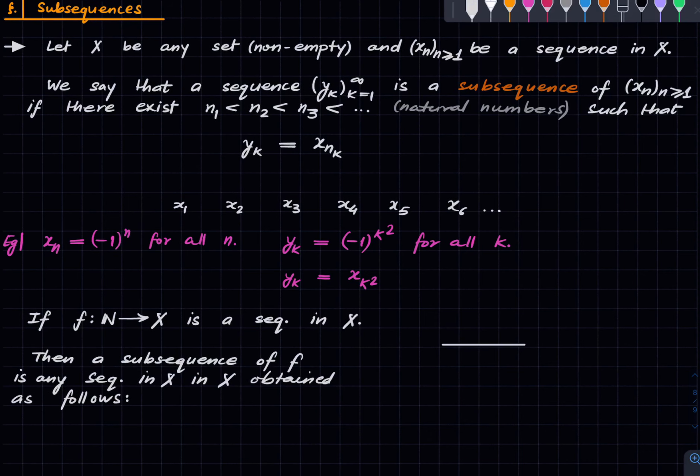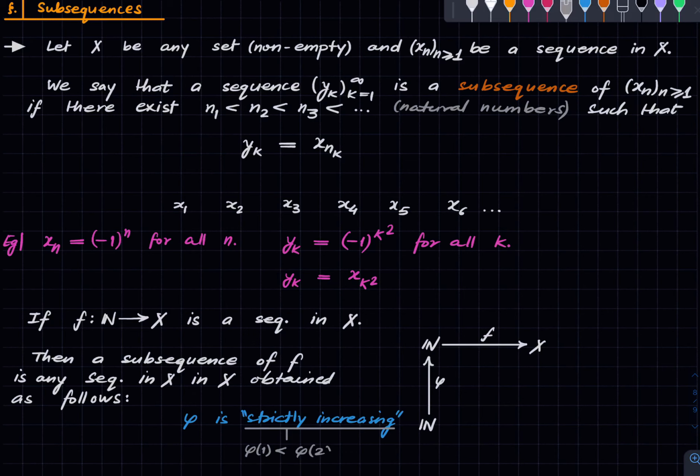So we have this sequence f. What you do is you pick a function phi which is strictly increasing. So phi is strictly increasing. What that means is phi 1 is less than phi 2 is less than phi 3, and so on.